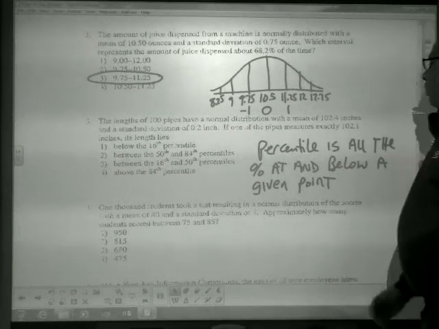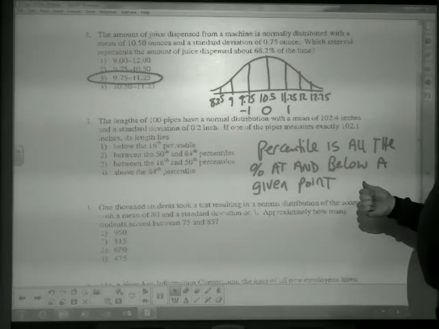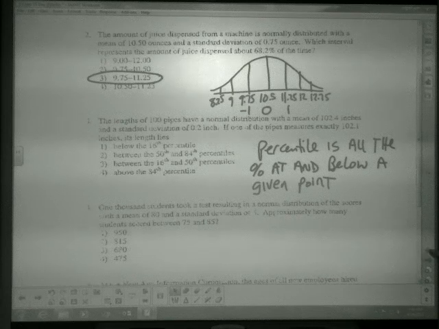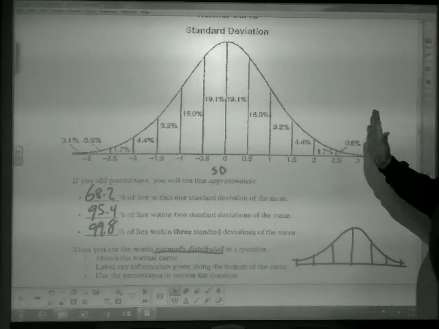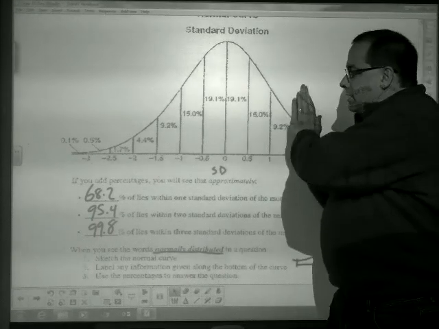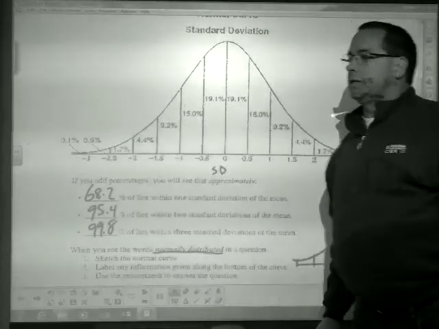So, if I want to know what percentile I am, all right, then I look at my chart, and no matter where I mark, it would be everything at and below is a percentile.